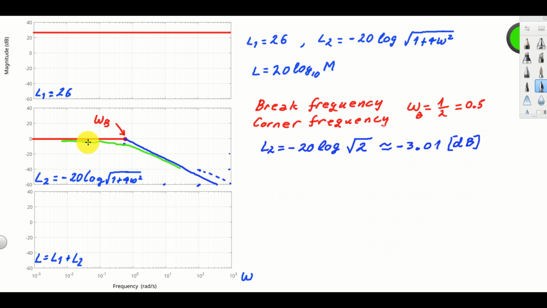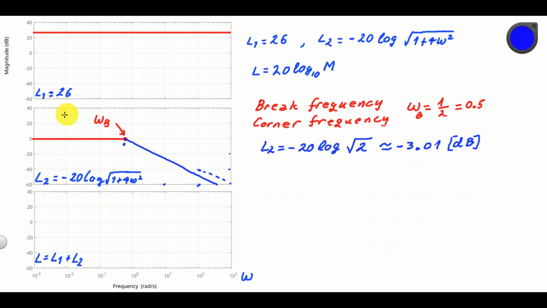I'm trying to sketch the best I can on this computer screen. However, this might not be accurate, so let me do it again and try to do it better. Here it is. It approaches this asymptote, and over here it approaches the asymptote. And this is how the graph looks. The maximum error is actually over here, and it's minus 3.01 dB. Okay, let's continue.